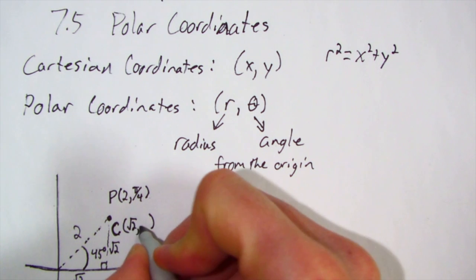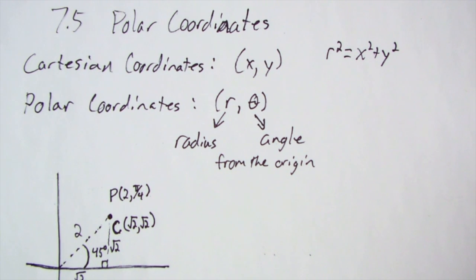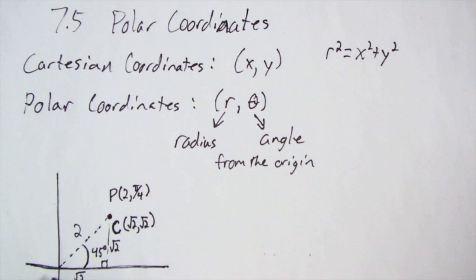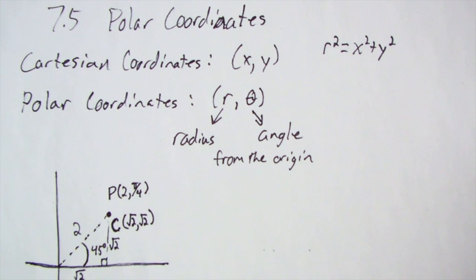So my Cartesian coordinates would be square root of 2 comma square root of 2. And so again, these two systems are interchangeable. One is based on a radius length and an angle to get to the point. And the other one's based on how far to the right or to the left, and then how far up or down the point is from the origin.